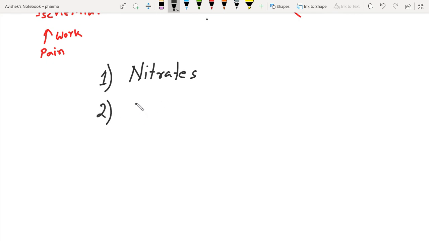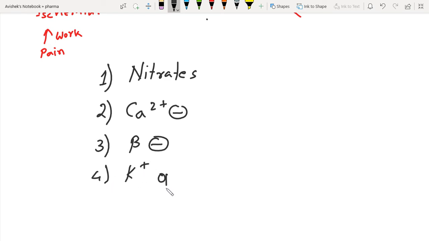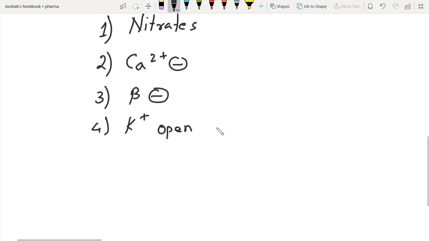Second, we can give calcium channel blockers, can give beta blockers to decrease the working activity of the heart, or we can give potassium channel openers. So one by one we'll discuss these drugs.